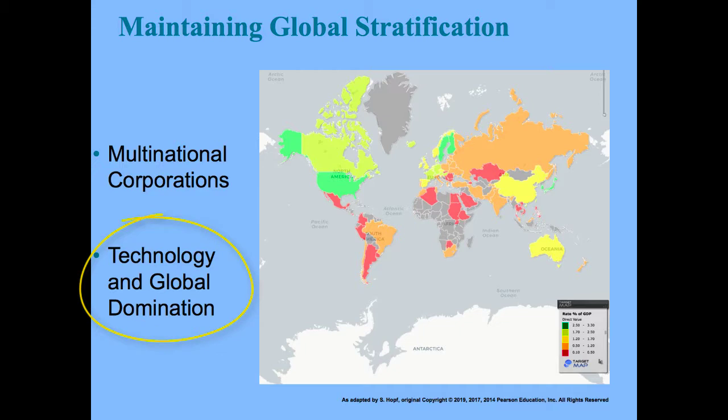Technologies are critical in order to improve a nation's ability to be productive and competitive in world markets. And in order to access technology, you've got to be able to buy it. Thus, increasing gross domestic product is essential for many nations in order to improve their standing.